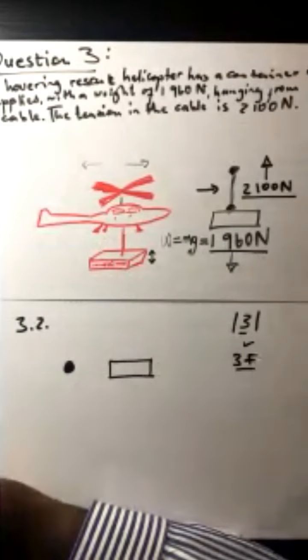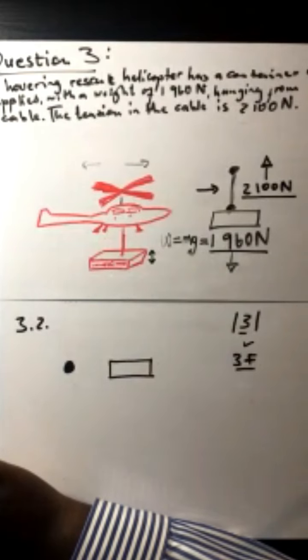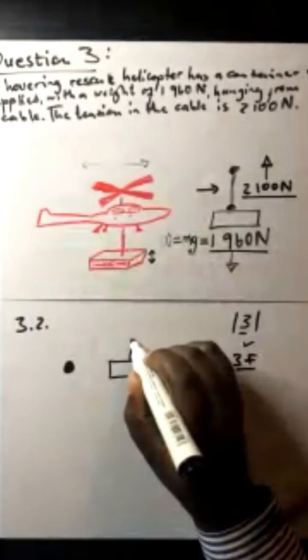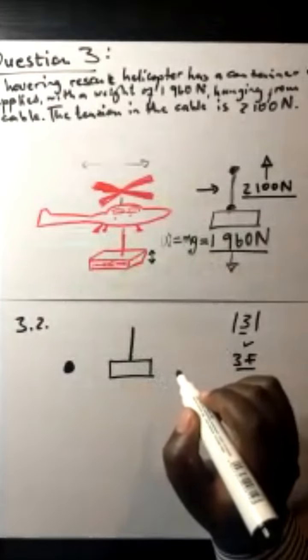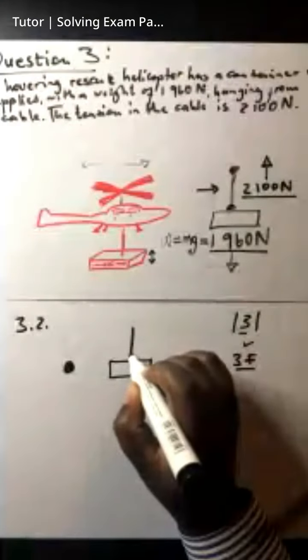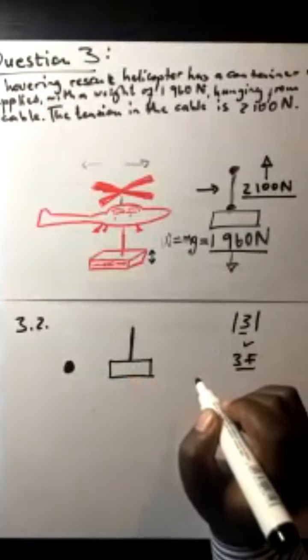First thing first, guys, indicate the forces given from the statement, which can also be seen on the given diagram. Obviously, we know there's a tension in that direction. Ladies and gentlemen, it is very, very important that at all times, when you draw a labeled force diagram, you show the arrows. If you just make a line and say this is tension, you won't score maximum marks for that.